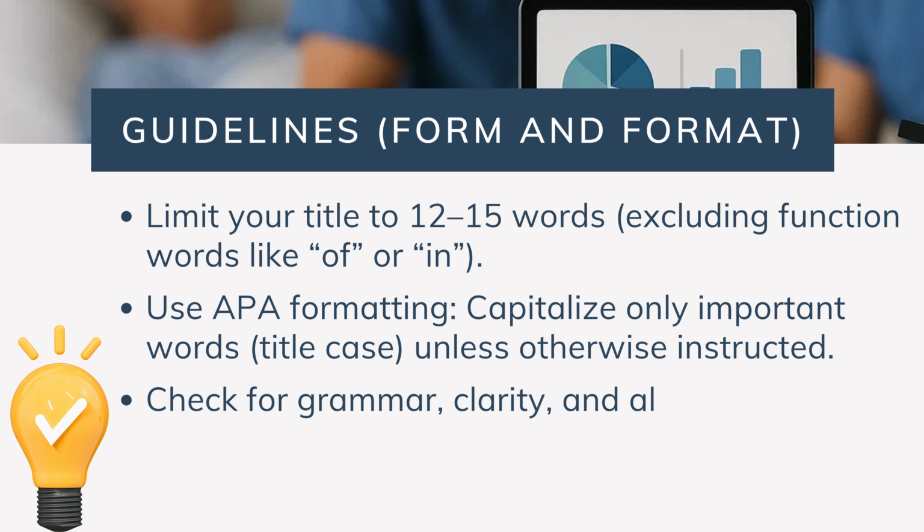Also, check for grammar and clarity. Is the title grammatically correct? Does it flow naturally? And most importantly, does it reflect the scope and intent of your research? If your statement of the problem talks about compliance and infection control, these elements should appear in your title too.